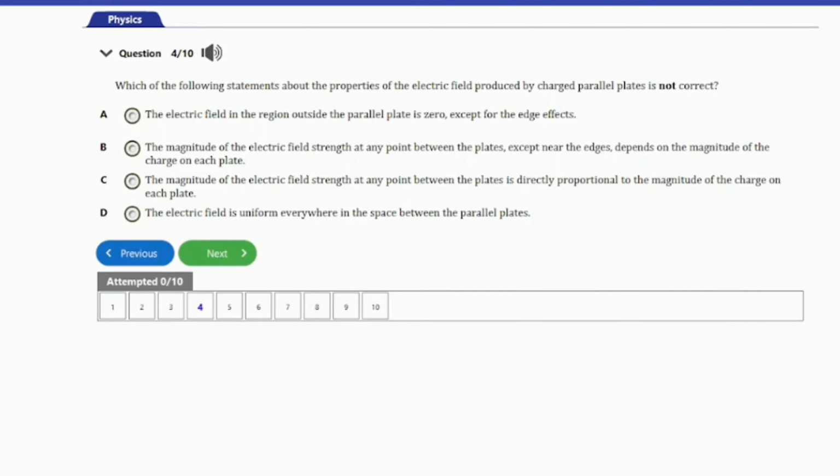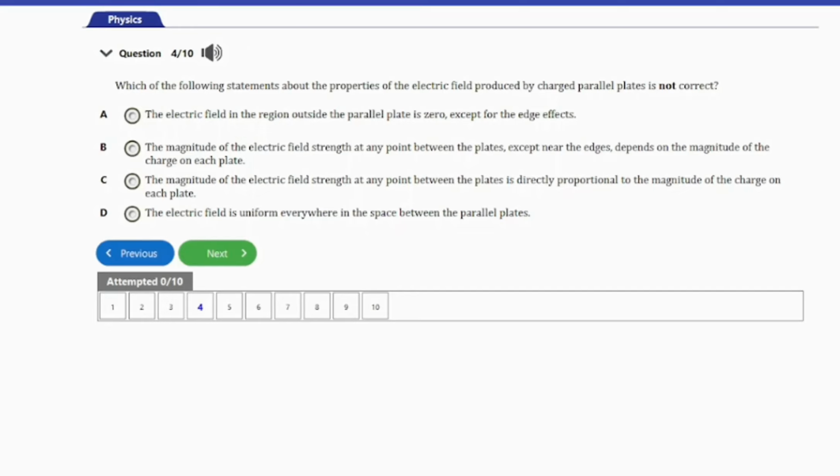That's question number 4 here. It says, which of the following statements about the properties of the electric field produced by charged parallel plates is not correct? We have A, the electric field in the region outside the parallel plates is 0 except for the edge effects.